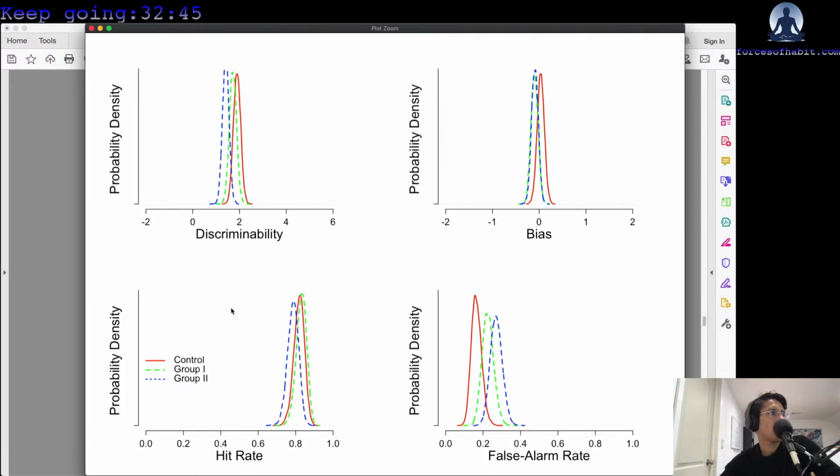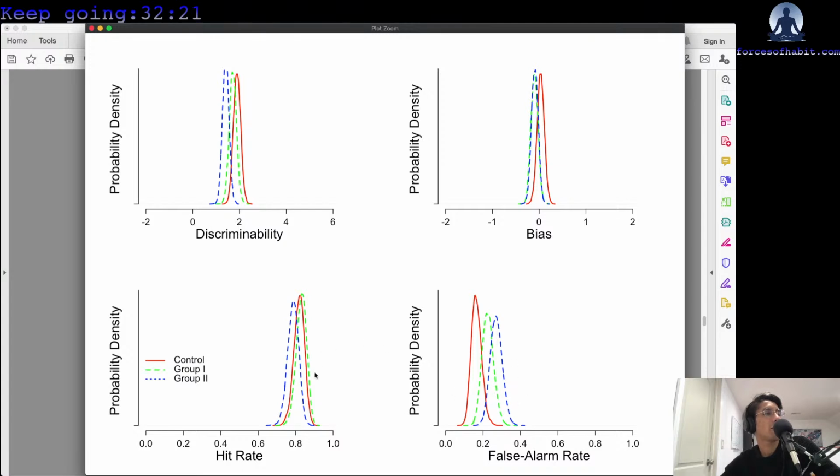And it looks like, on average, people tend to perform pretty well across the data sets at this task with a hit rate of about 0.8. So identifying smells is easy. And then we see, though, this sort of stagger in the false positive rate.